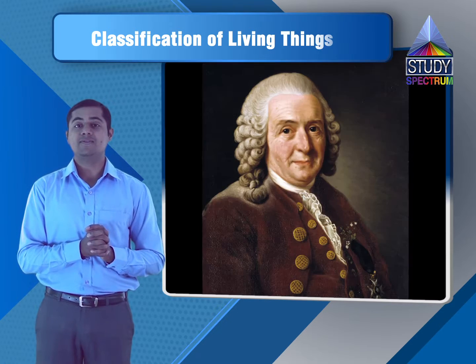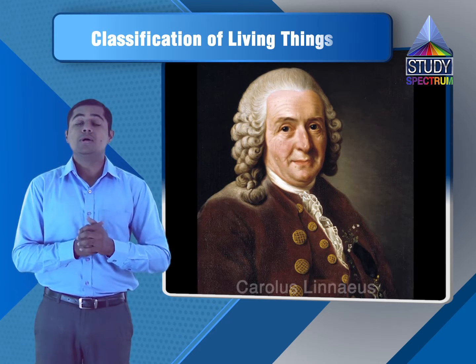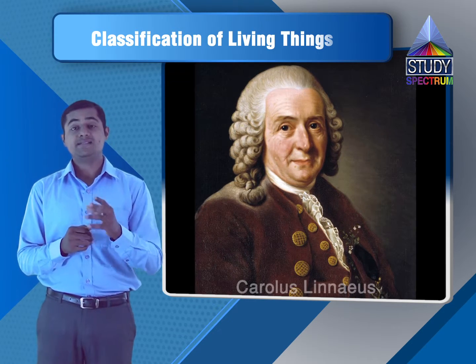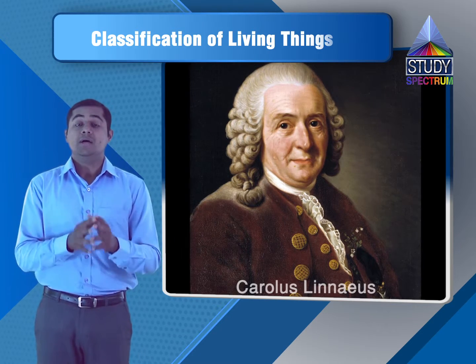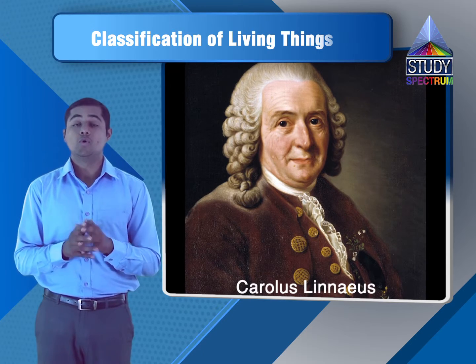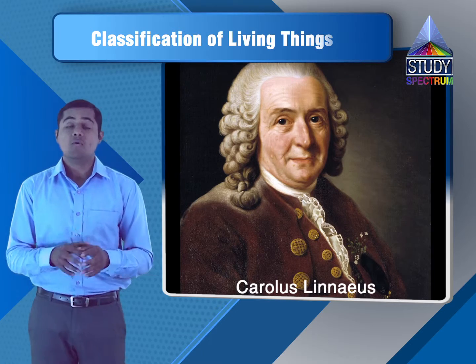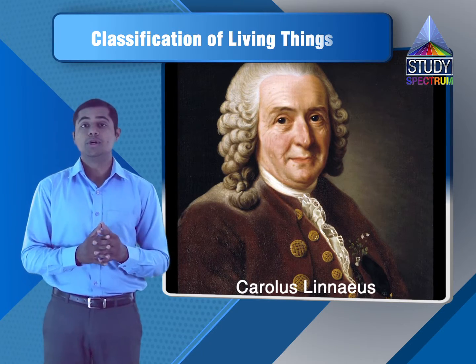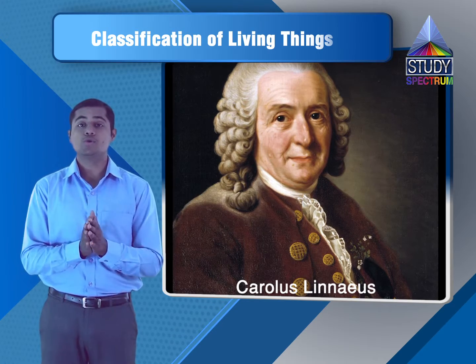Plants are classified with a specific system. There is a scientist named Carolus Linnaeus. All the credit for plant classification goes to this scientist, Carolus Linnaeus, because the system he used to classify plants is used today also worldwide.